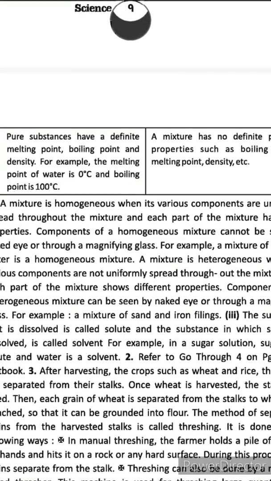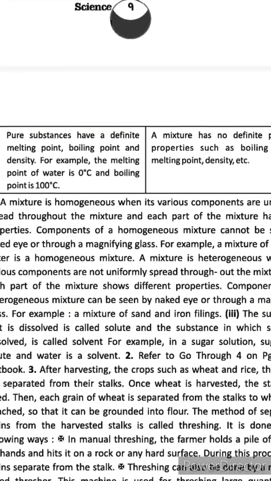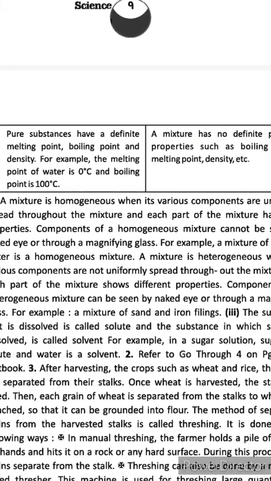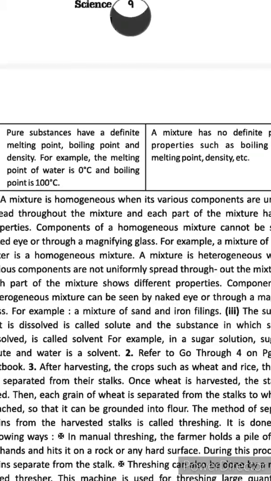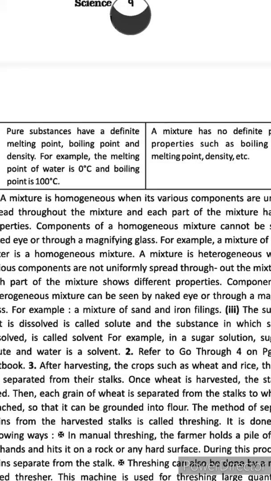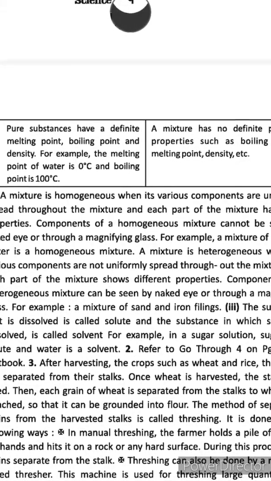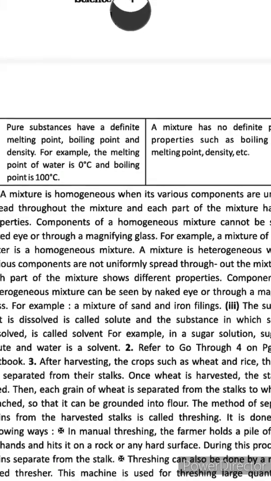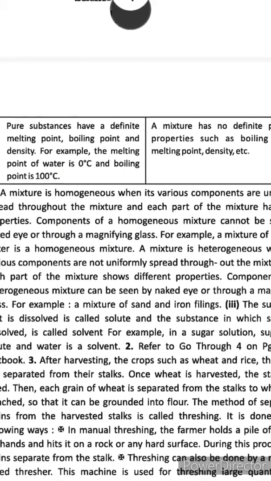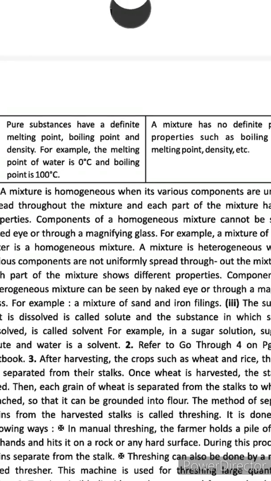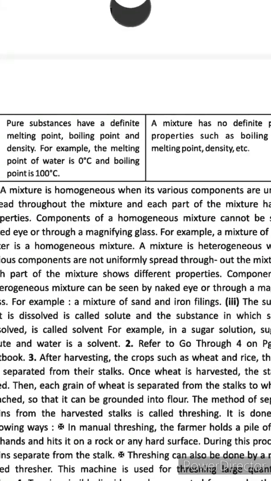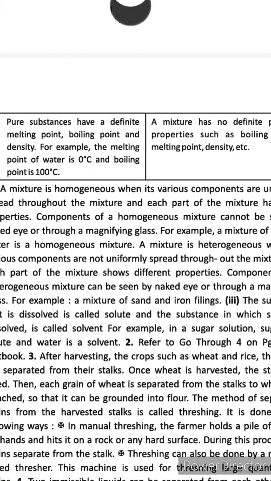And question number 3. What is threshing? Explain the way in which threshing is commonly done. After harvesting the crops such as wheat and rice, the grains are separated from their stalk.